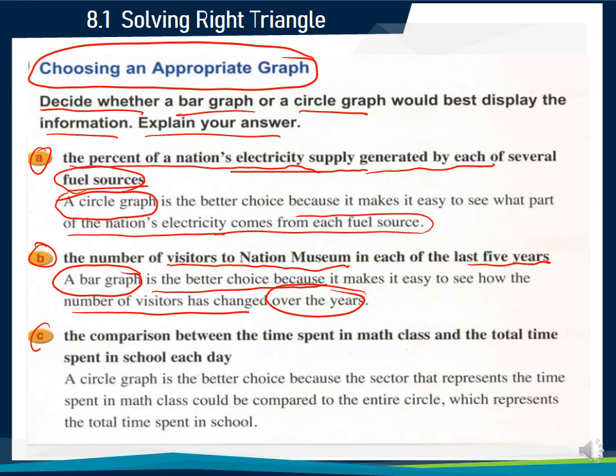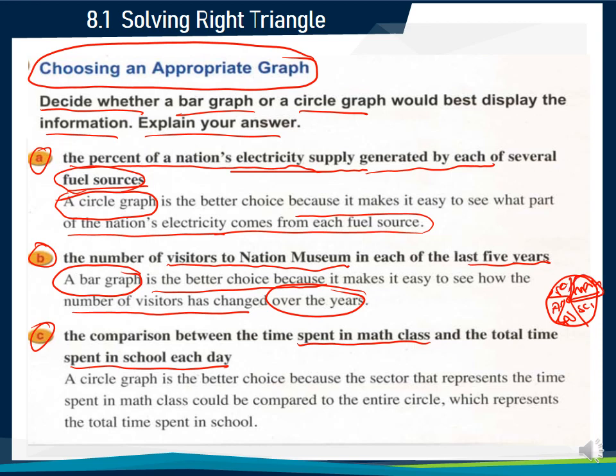C, and the last example, the comparison between the time spent in math class and the total time spent in each day. This shows a part. For example, in one day, we have math, we have science, we have sport, we have art, and we have religion. So, as you know, math is a part of the total lessons.